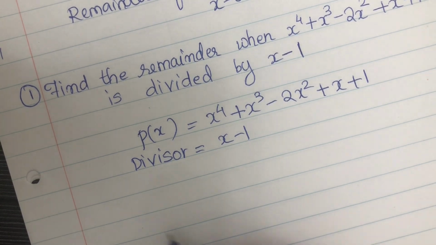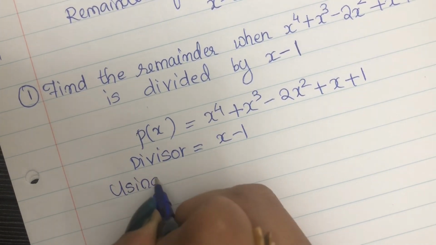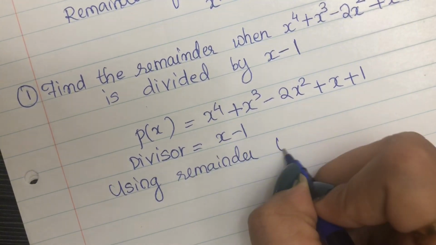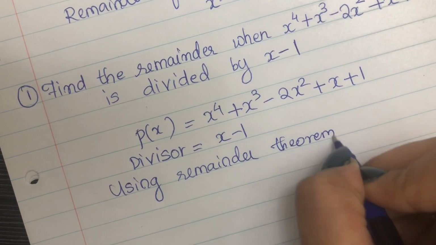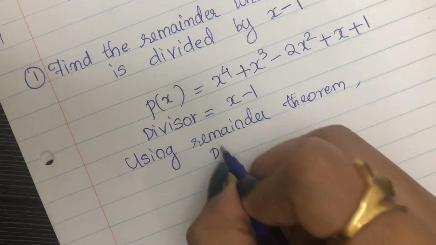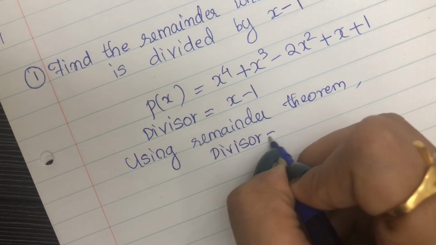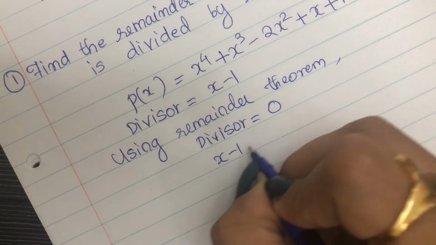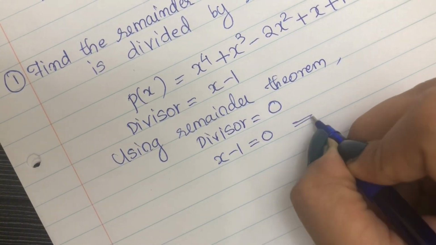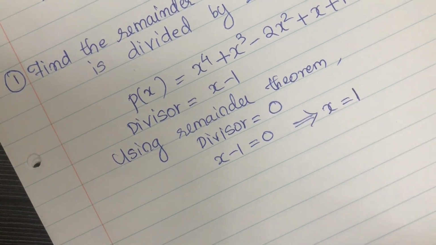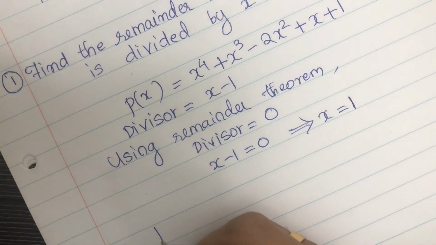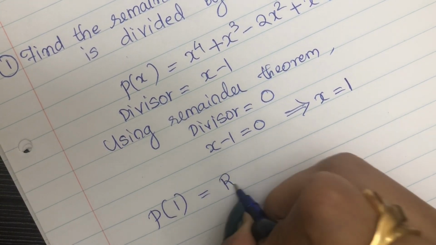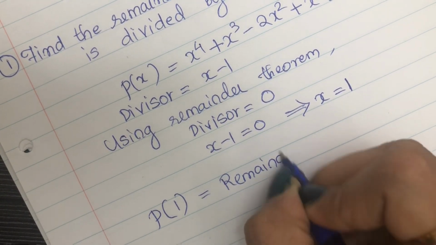Using the remainder theorem, we put the divisor equal to 0. So x minus 1 equals 0. Therefore, x is equal to 1. And now p of 1 will be our remainder.